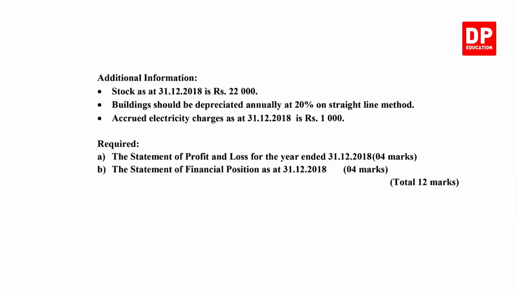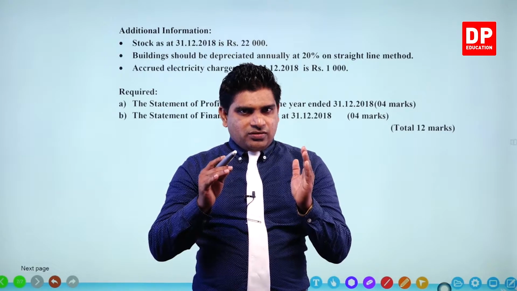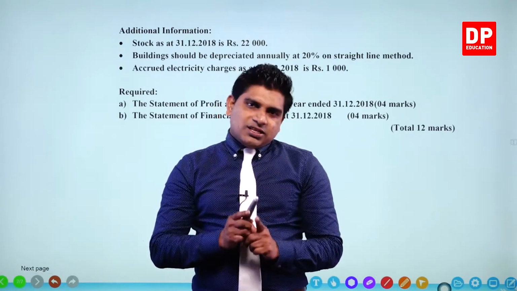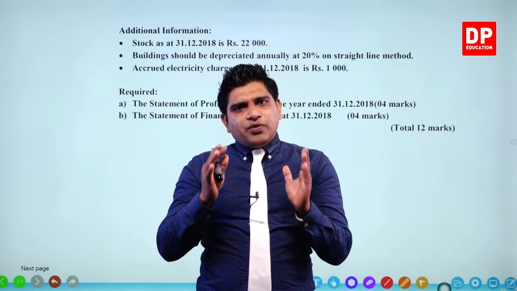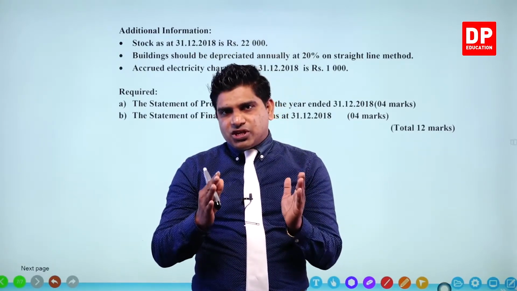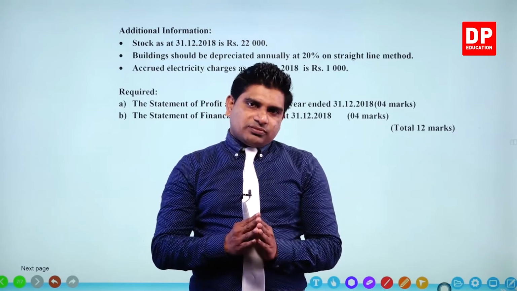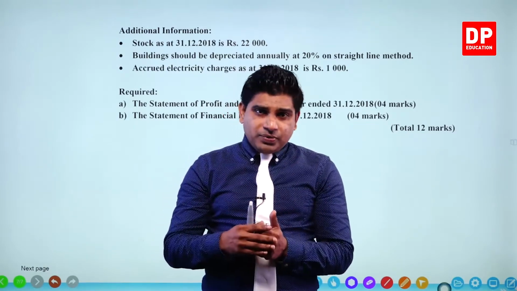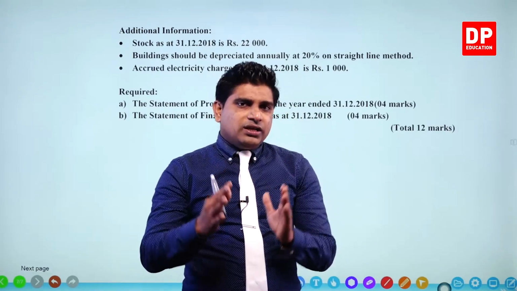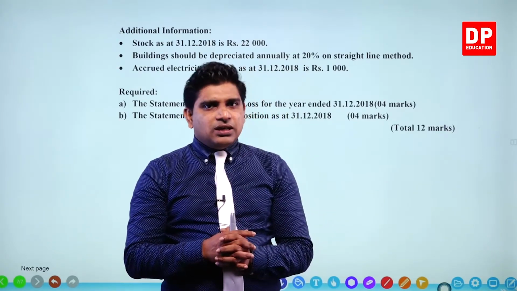additional information is provided. This is the first question where we meet additional information. You remember this. Additional information means adjustments. In your O-level paper, when they ask this question, they will definitely give an additional information part.